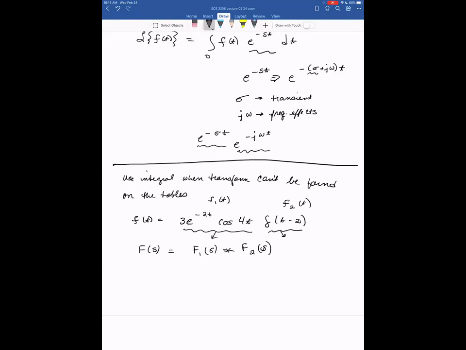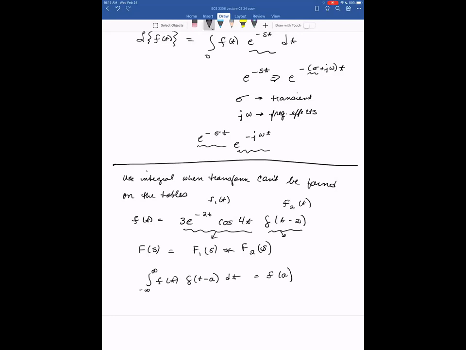And in this case, one of the things that I reviewed briefly was the shifting property of the impulse function. So you may remember that the integral of f of t delta of t minus a dt from minus infinity to infinity is equal to f of a.